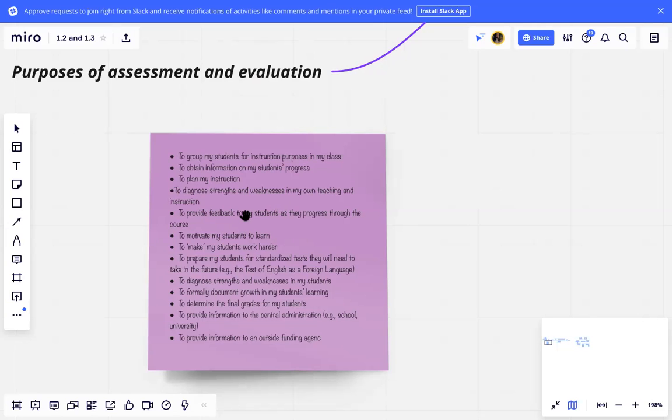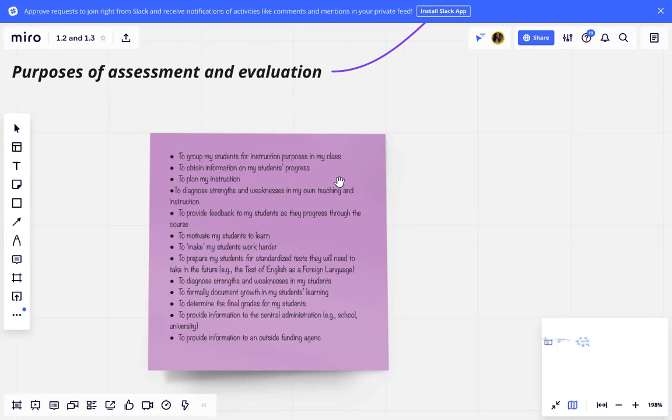I consider to put this here because understanding the different purposes for assessment is the most important first step in making informed assessment decisions. For example, we have here to group my students for instruction purposes in my class, or to obtain information on my students' progress.